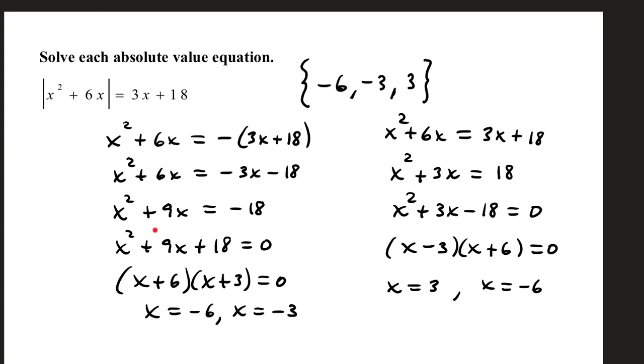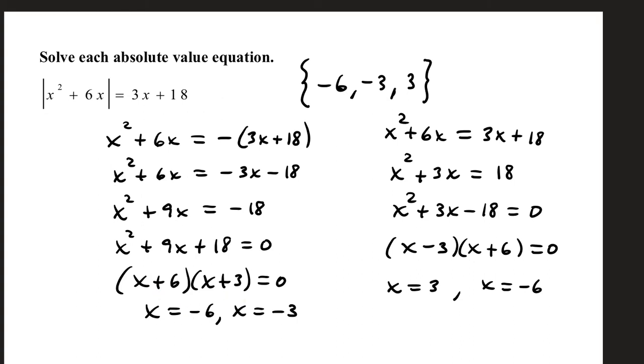That gives us x squared plus 9x plus 18 equals 0. Once you've got that zeroed out, this will actually factor with a 6 and 3. The sum of 6 and 3 is 9. The product is 18. Set each factor equal to 0, and you will find x equals -6 and -3.